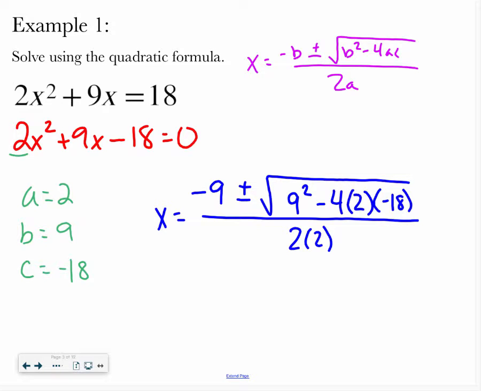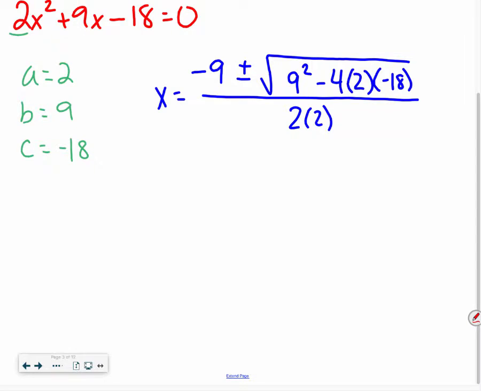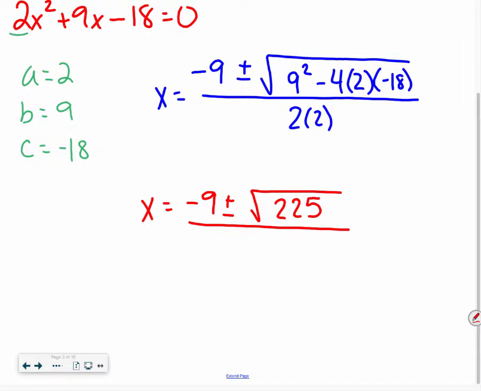Okay, so if I write that out and start simplifying some things, I'm going to have x equals negative 9 plus or minus the square root of, we have 81 minus 4 times 2 times negative 18. If I simplify everything under there, I get 225, and then 2 times 2 gives me 4.